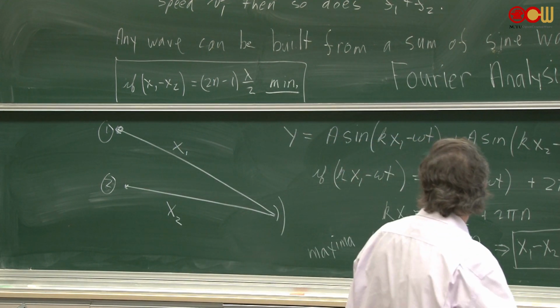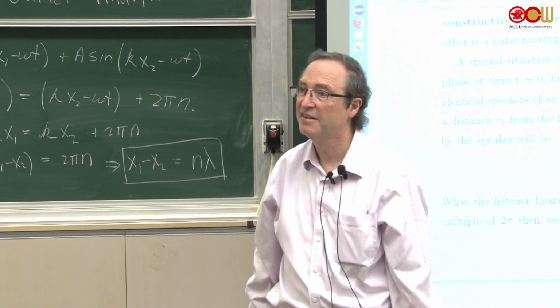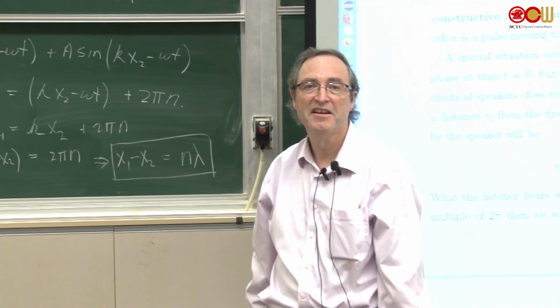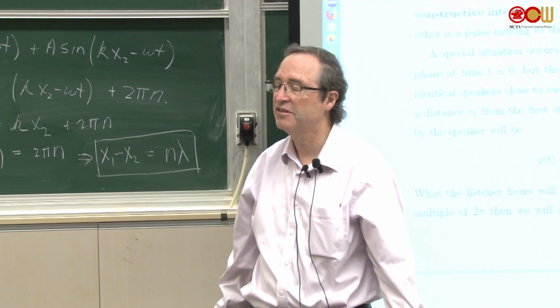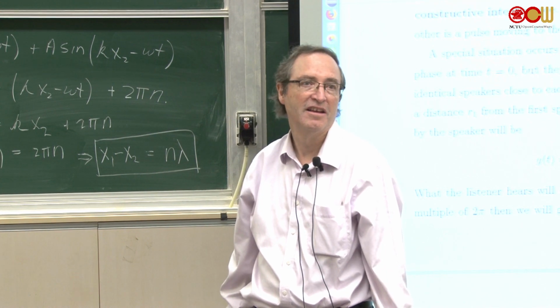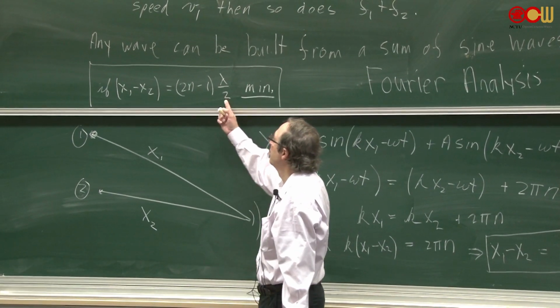All right? 2n minus 1 is always an odd number. Right? N equals 1, 2 minus 1 is 1. N equals 2, you get 3. N equals 3, you get 5. And then times a half wavelength.